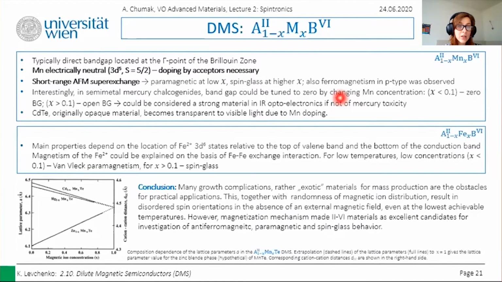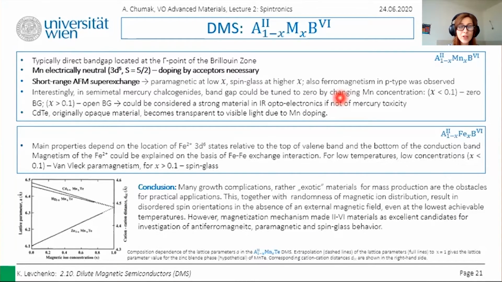Manganese in II-VI, as the most widely investigated representative of this subclass, is electrically neutral. So in order for the material to be conductive, we need additional doping by acceptors. The typical direct band gap in the case of manganese doping is located at the gamma point of the Brillouin zone.